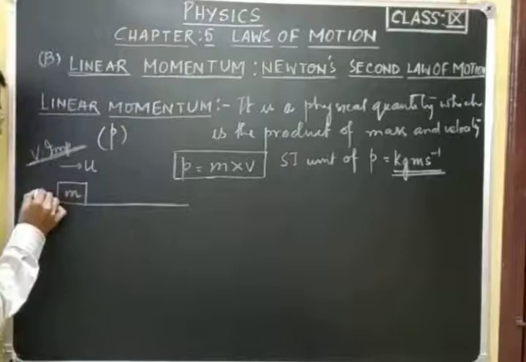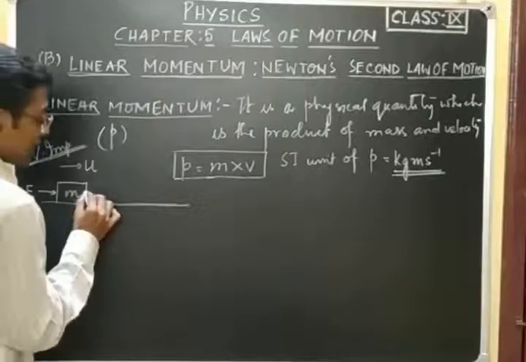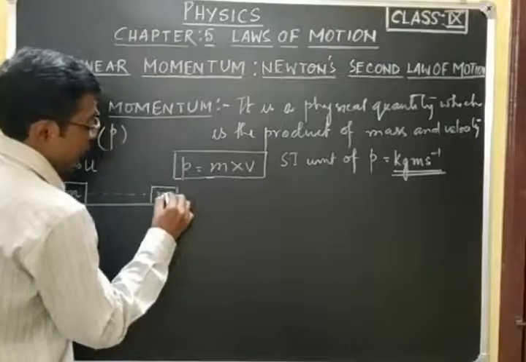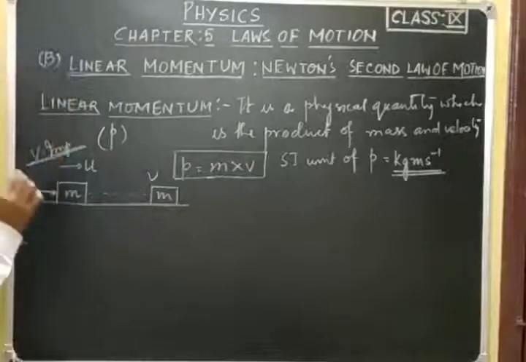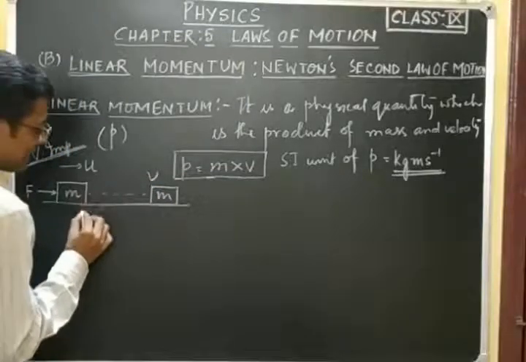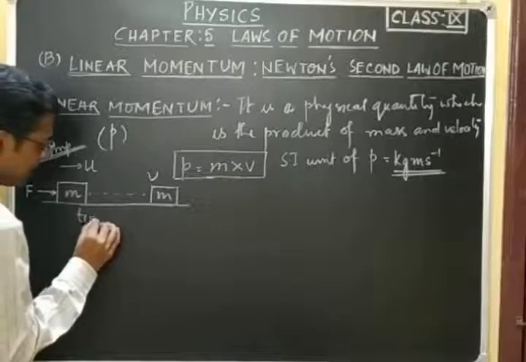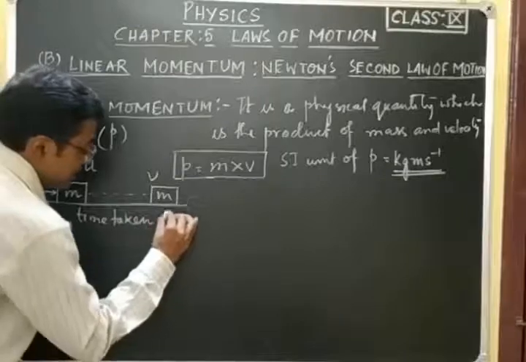A force F is applied on the body. As a result, the displacement takes place and the velocity of the body becomes v. This distance you can take as s, for this time taken, remember, time taken is t.